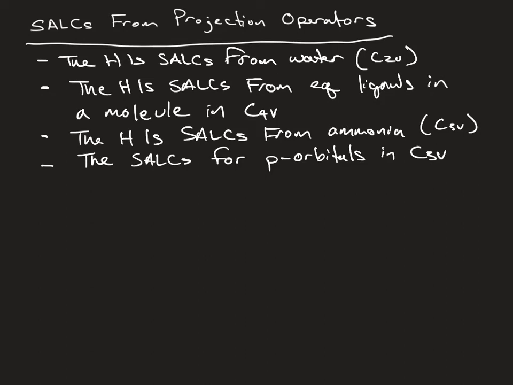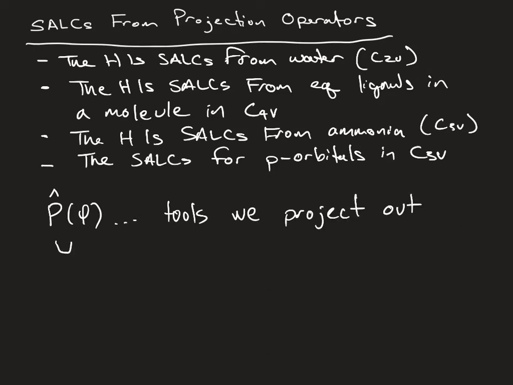Now, I'm not going to go through and define formally what a projection operator is. So we symbolize a projection operator with a P and a hat and then some function. Okay? This means that we're performing a projection operator on some specific function. And for our purposes, we're going to think about these projection operators as tools in which we will project out wave functions from some basis function.